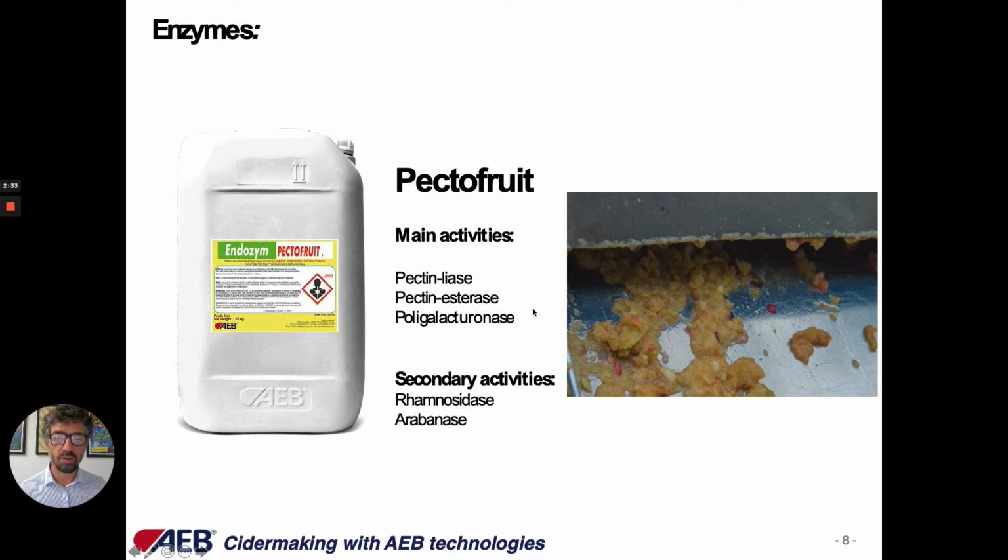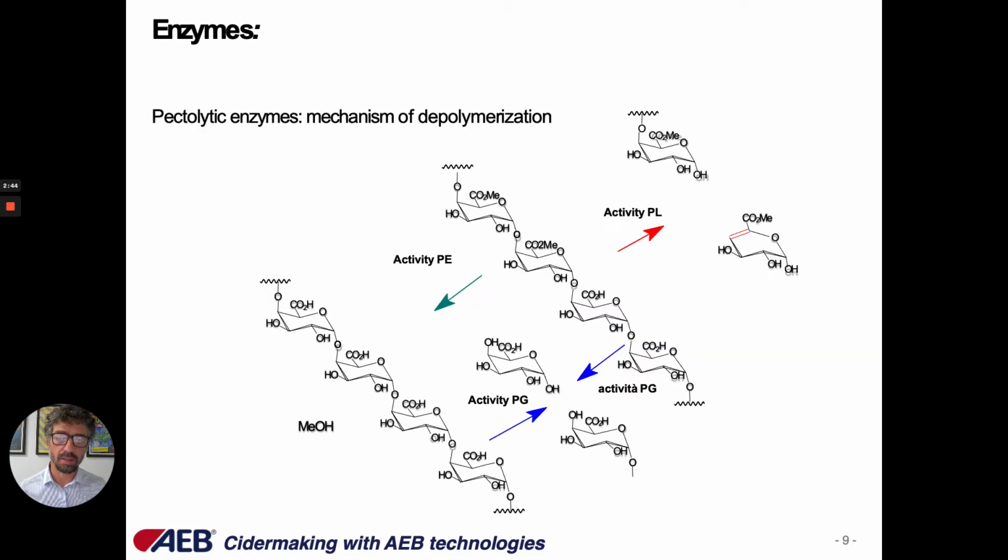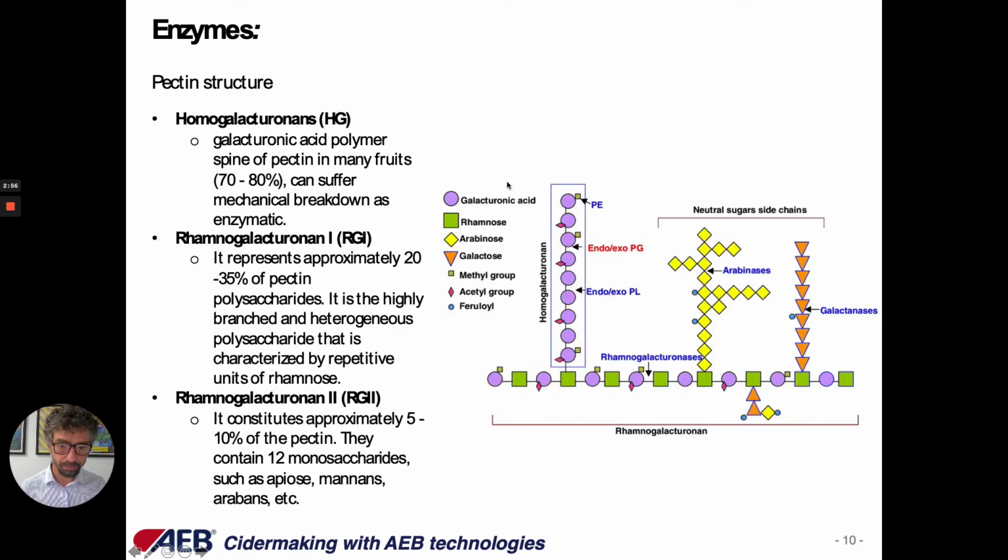It is a mixture of activities like pectin lyase, pectinesterase, polygalacturonase, and secondary activities that we'll see how they work, rhamnosidase and arabinase. This is the main activity action with the pectin lyase, the pectinesterase, and polygalacturonase acting in different points of the chain. Here we can see the galacturonic acid chain, which is a basic pectin like this.